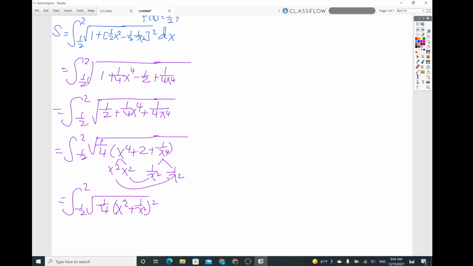With the radical, everything turns out to be straightforward now. We cancel out the radical and reduce the 1/4 to 1/2. The square and the square root cancel, so we have the quantity x squared plus 1/x squared.